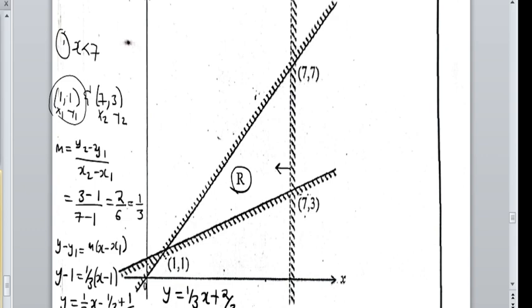But we need to represent it. How am I going to represent it? With a greater than, or a less than, or with an equal to.